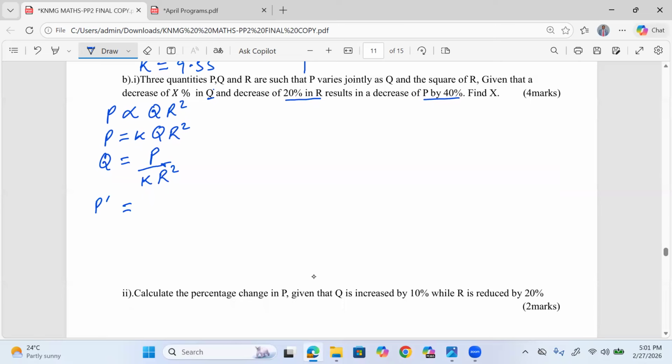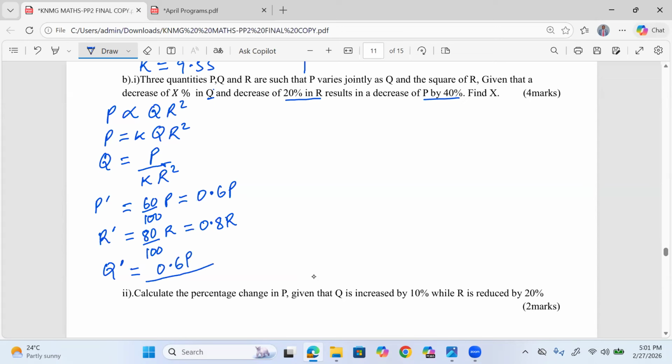P is decreasing by 40, so it becomes 60% of the original P, which is 0.6 original P. The new R shall be decreasing by 20, R becomes 80% of original R, making it 0.8 original R. So the new Q equals 0.6 of original P out of K multiplied by the new R squared.